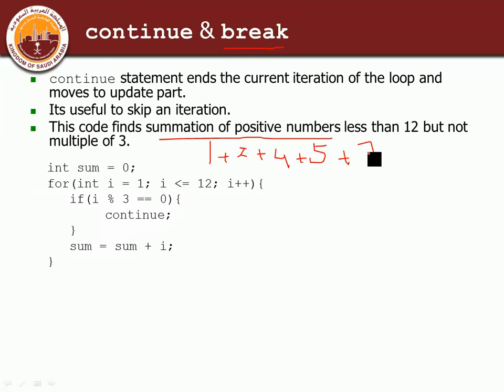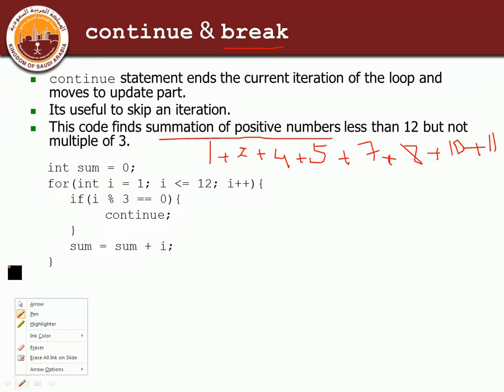Plus 7 plus 8. No, 9 is a multiple of 3, so 9 is not acceptable. Plus 10 plus 11. 12 is a multiple of 3, so I'm not using it. So I would like the summation of these numbers. There are a lot of different ways to solve this, but this is one way where you can see the use of continue.